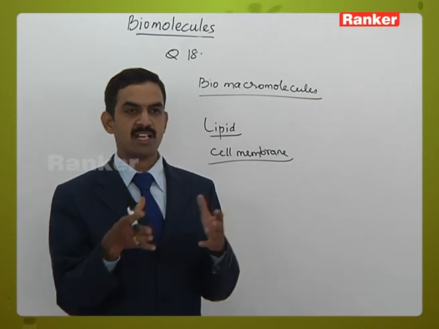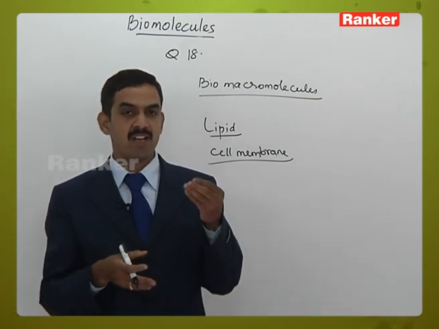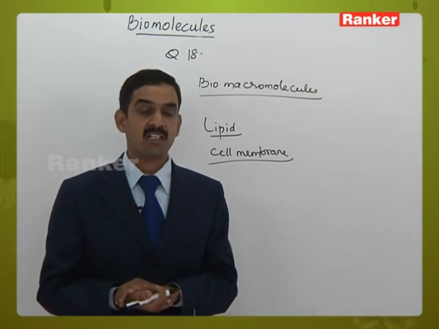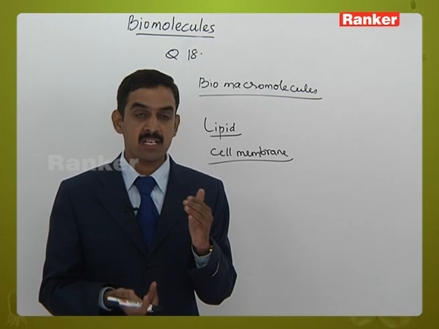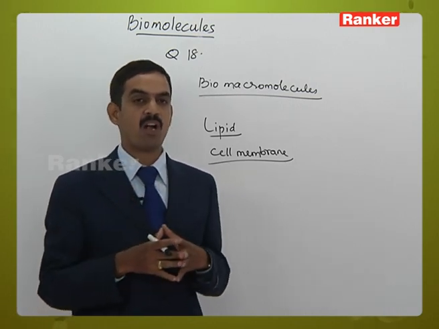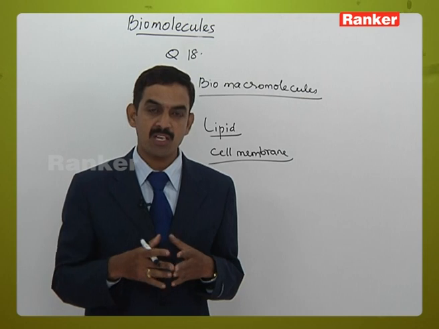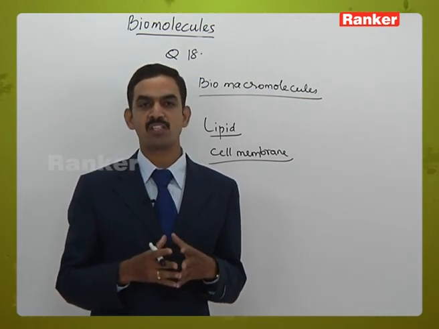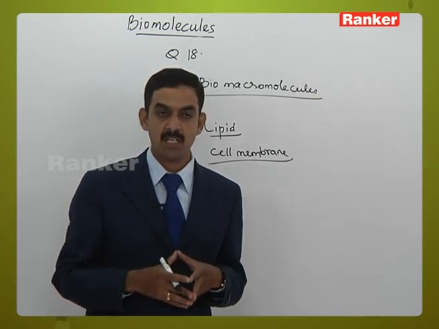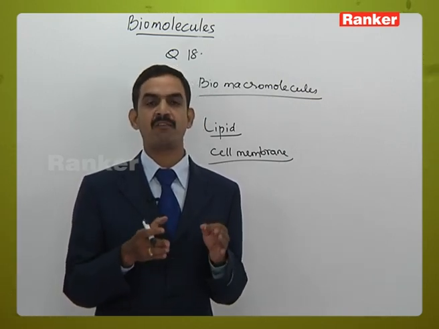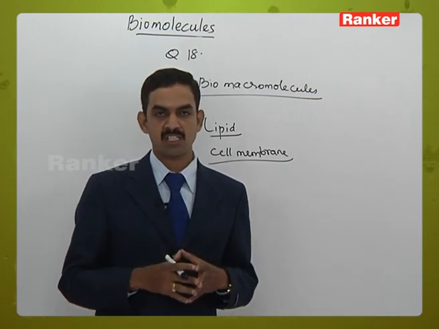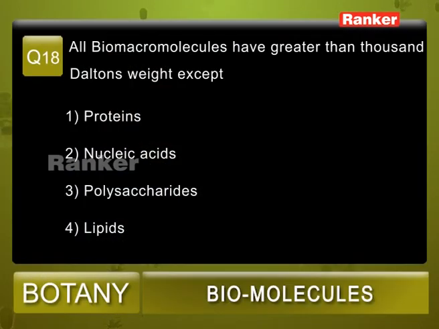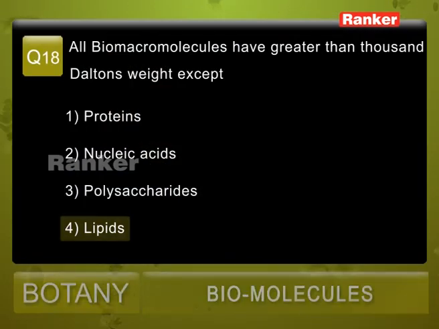These are in combination and they are part of the cell membrane, and when the cell membrane is broken, they are separated in the form of vesicles, and when they are separated as vesicles, they are part of the acid insoluble fraction along with the other biomacromolecules like proteins, nucleic acids and polysaccharides. So that is the reason why, despite having less than 1000 Daltons of molecular weight, lipids are considered a biomacromolecule. Question number 18, the correct answer is 4.